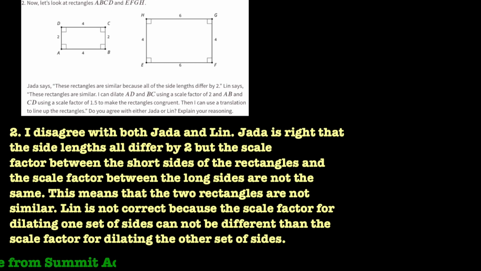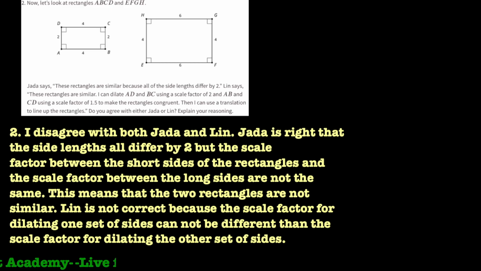Alright, so a couple things going on with this one, so make sure you pause and jot all these down for yourself. If you need to write inside of the boxes, feel free to, and again, use your paper as needed. For number 2, it says, I disagree with both Jada and Lynn. Jada is right that the side lengths all differ by 2, but the scale factor between the short sides of the rectangles and the scale factor between the long sides are not the same. This means that the two rectangles are not similar.